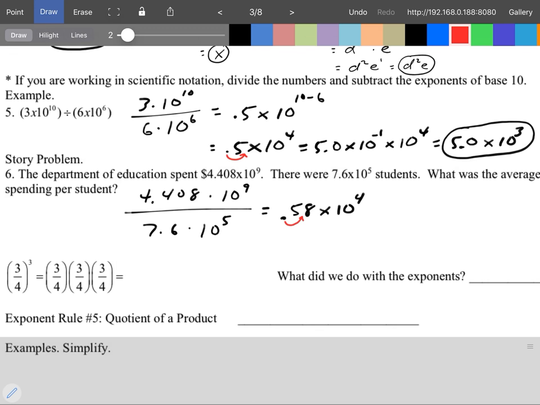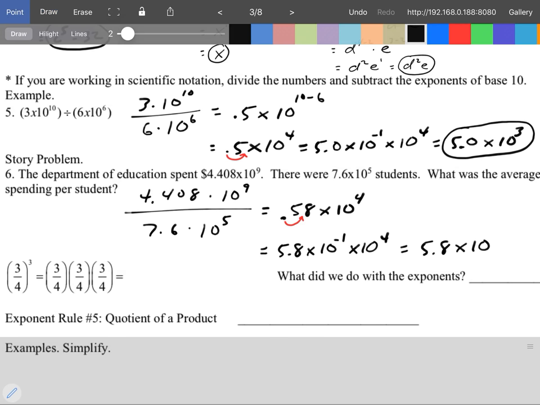In scientific notation, I have to have one digit to the left of the decimal. So if I do that again, that's going to give me 5.8 times 10 to the negative 1. Again, that's a negative power because I move the decimal to the right one spot. But then that's still times the 10 to the fourth.